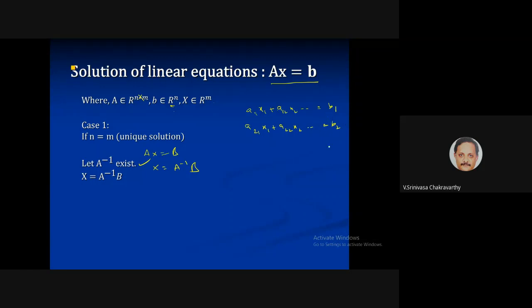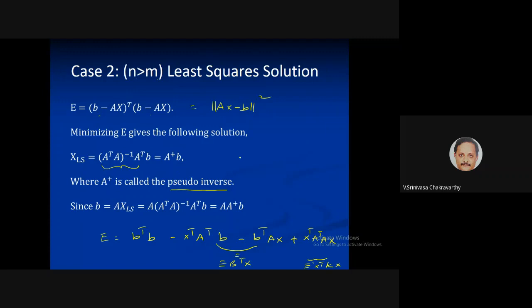The dimension of b indicates the number of equations, so n is the number of equations, and m is the number of unknowns or variables. When both are equal and A is invertible, you have the simplest case, which you have done in high school math. But when the two are not equal, one is greater than the other, things get a bit complicated. That's where you start using least squares solutions.